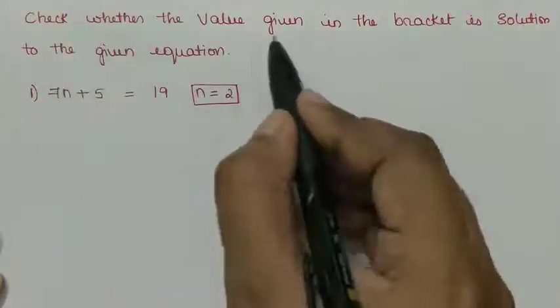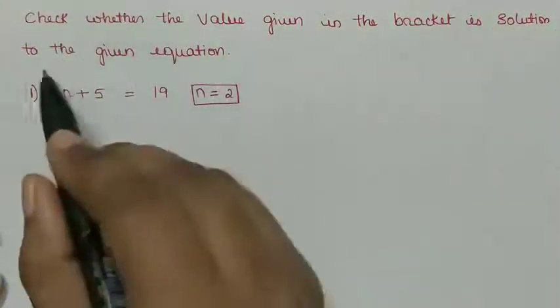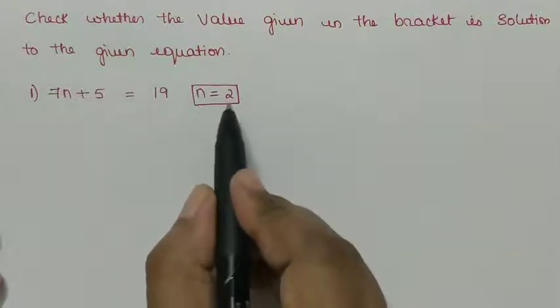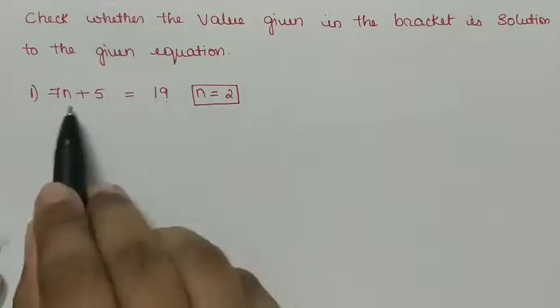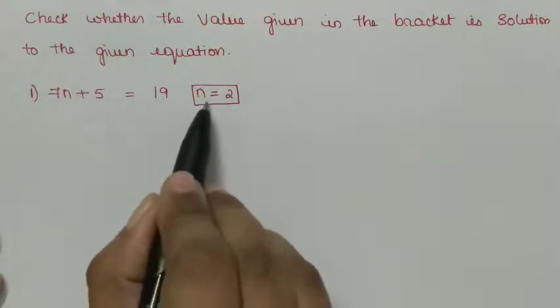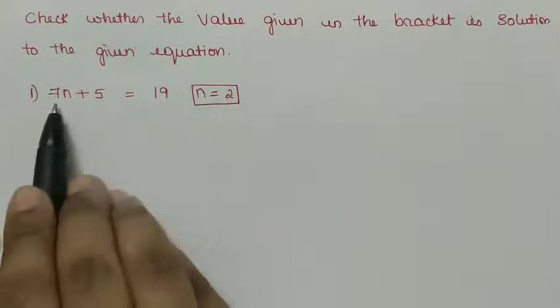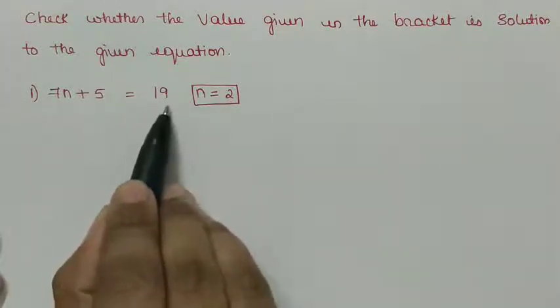Check whether the value given in the bracket is a solution to the given equation. We have to check whether n equal to 2 is a solution for the given equation. For that, put n equal to 2 in the given equation and check whether LHS is equal to RHS.